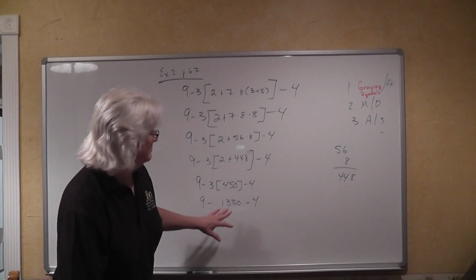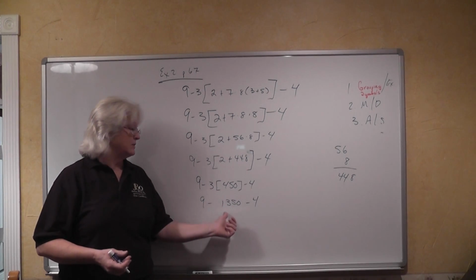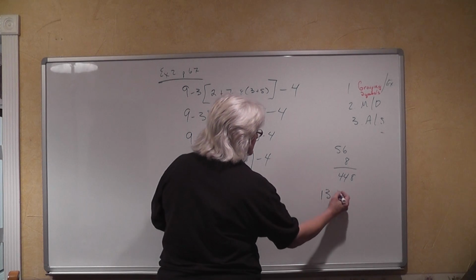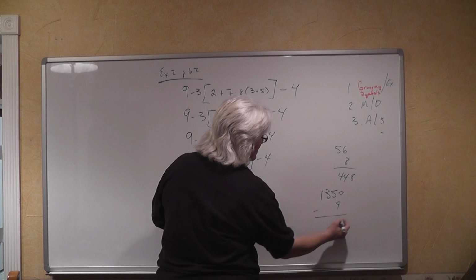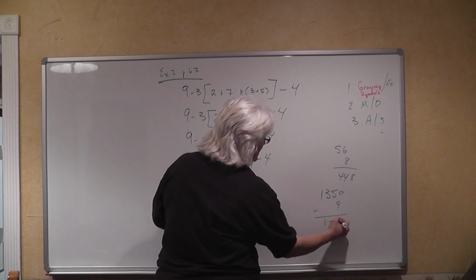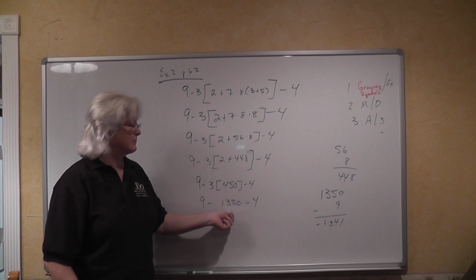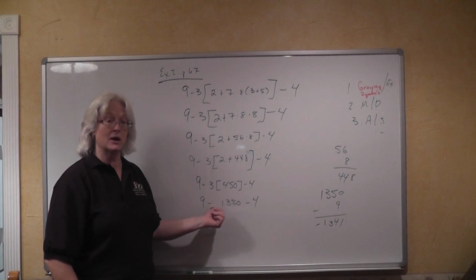Okay. Following the order of operations here, 9 minus 1350, we're going to subtract 9 from 1,350, and we're going to have a negative 1,341 because our negative sign is here.